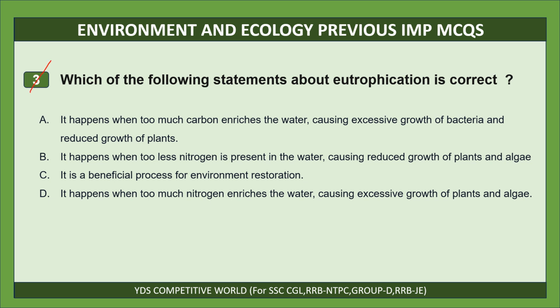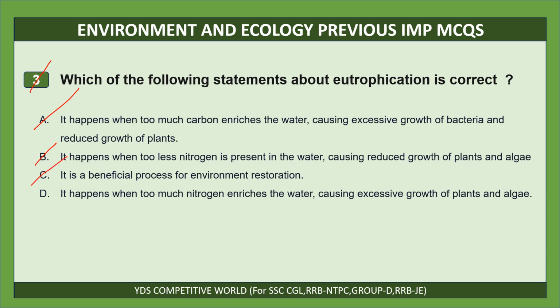Third question. Which of the following statements about eutrophication is correct? Option A. It happens when too much carbon enriches the water, causing excessive growth of bacteria and reduces the growth of plants. Option B. It happens when too little nitrogen is present in the water, causing reduced growth of plants and algae.